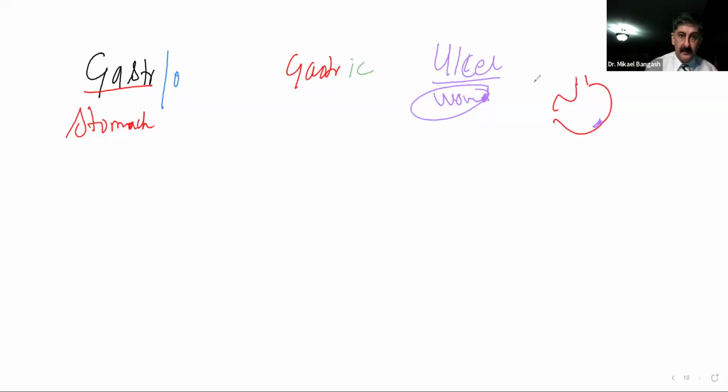Gastric ulcers, or if you don't want to use the word gastric ulcer, just stomach ulcers. But what is that ulcer? Just a wound. Just like patients who are bedridden or lie in bed for extended periods of time may develop what we call pressure ulcers or pressure wounds. Why?